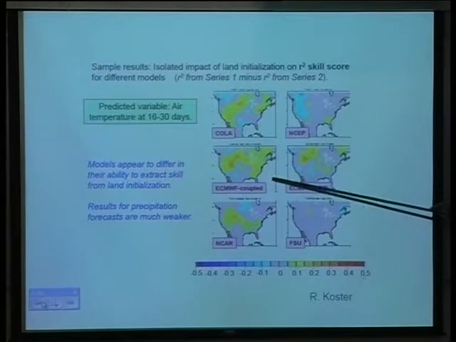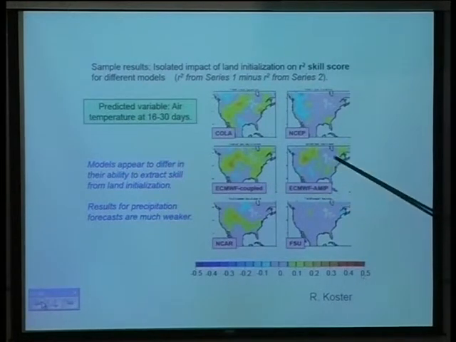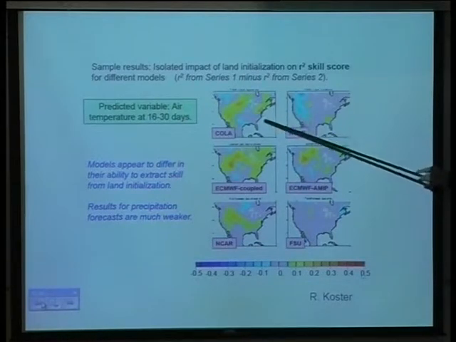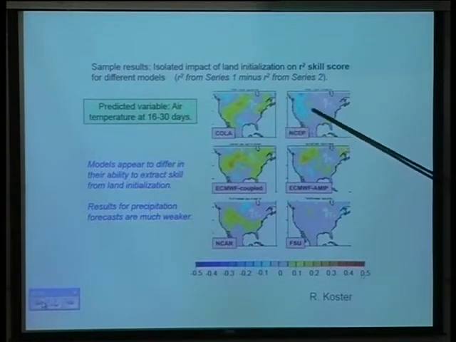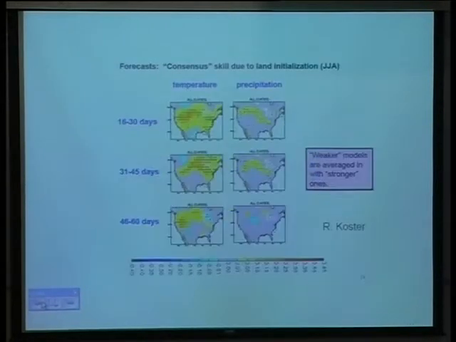So here's a comparison of a coupled model versus a model forced with observed SST. And this is for the air temperature for the second 2 weeks of a month, so a fairly short-term forecast. And so here's a comparison. This is the ensemble mean. I'll talk a little bit about that tomorrow.